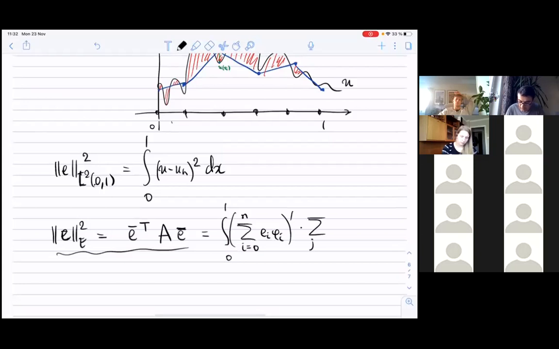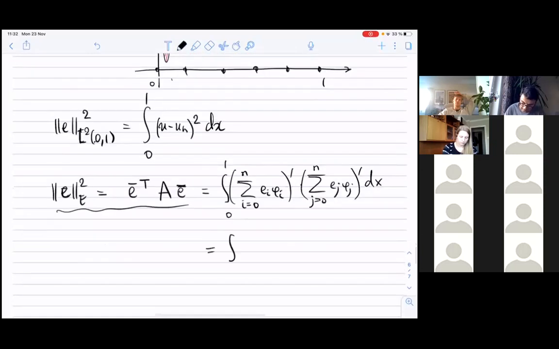Now sum over j equal to 0 to n of e_j phi_j, derivative, dx. So it's like an integral of (e prime) squared dx. So it is quite a good approximation of this integral actually. So you have to calculate something like that.